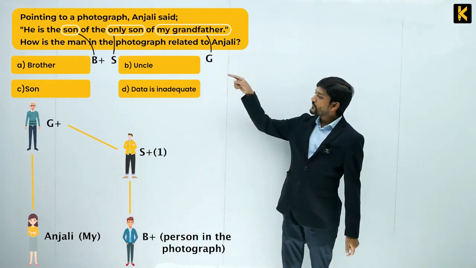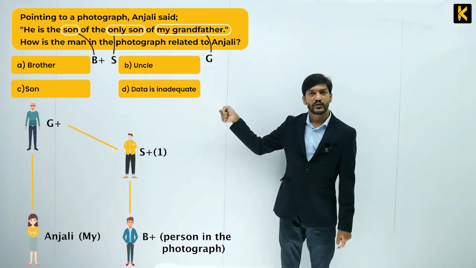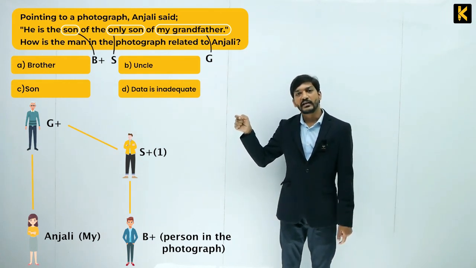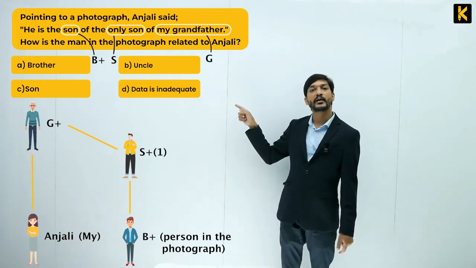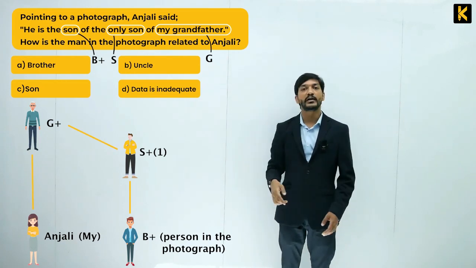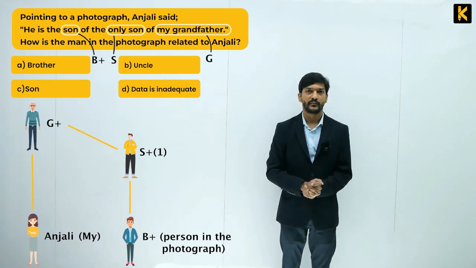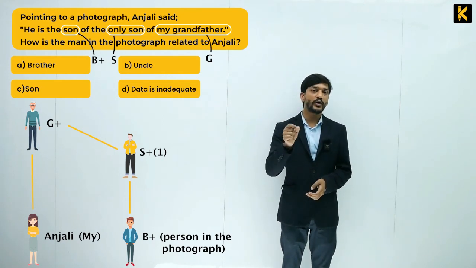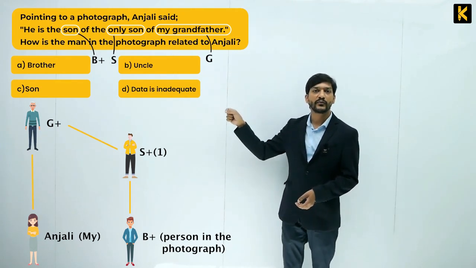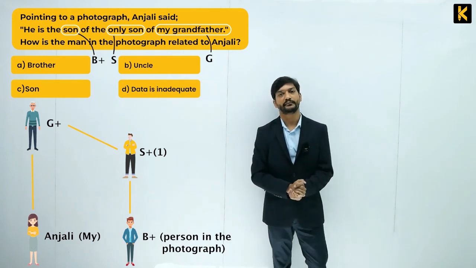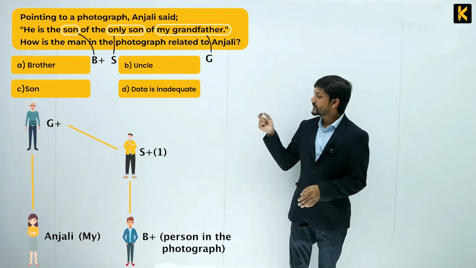You will say, sir, G is the grandfather of Anjali and G is the father of S. So S is the father of Anjali. And sir, there cannot be one more person who can be the father, because S is the only son. So father is the only possibility. S is the only son, so that one son has to be the father of Anjali. So concluded that S is the father of Anjali.